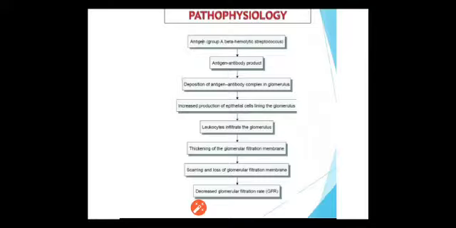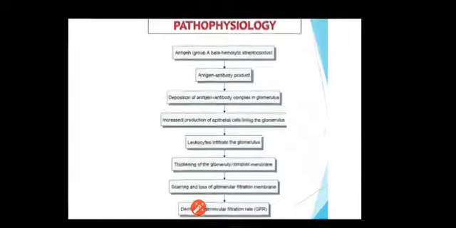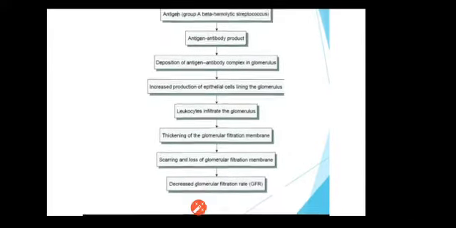So in the circulation, the antigen antibody complexes will be formed and this antigen antibody complex will get deposited in the glomerulus, causing leukocyte infiltrate in the glomerulus.